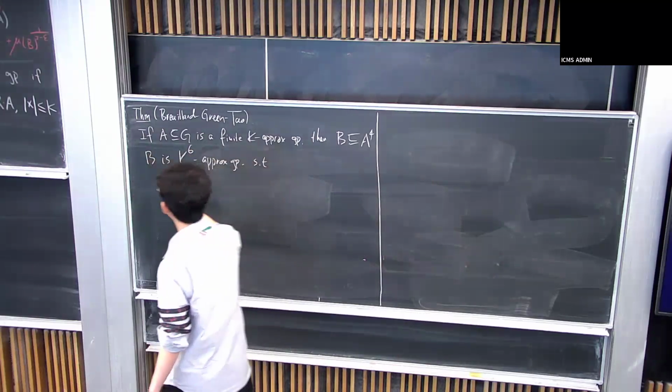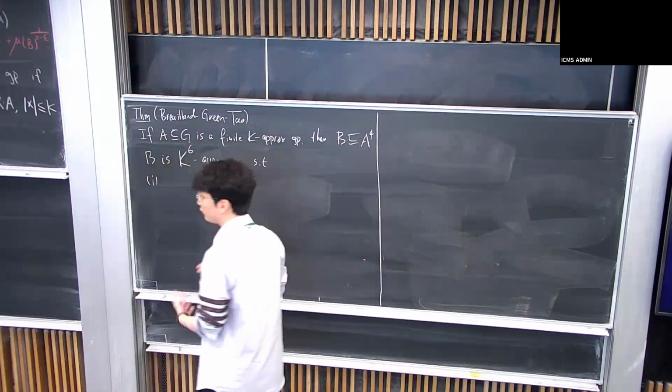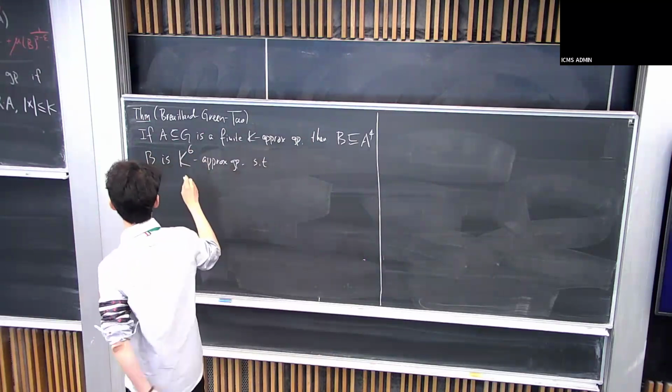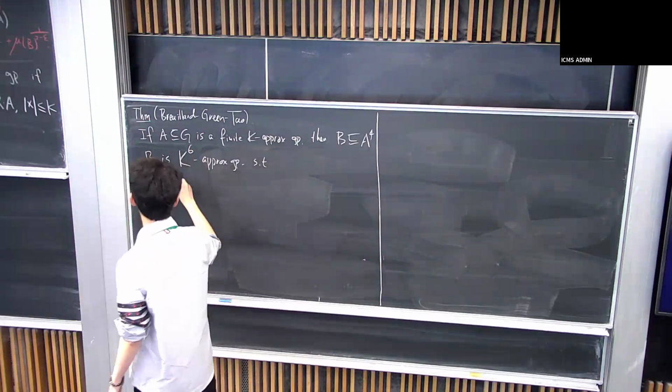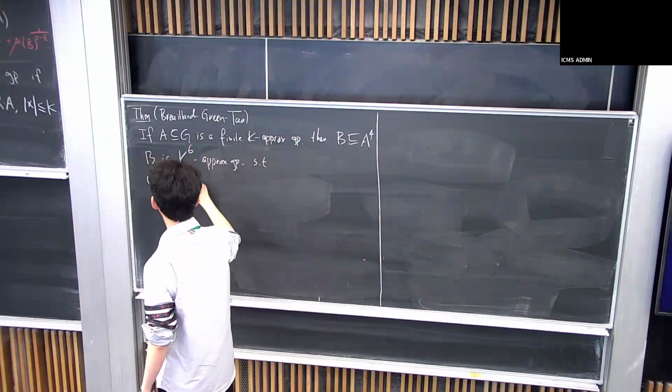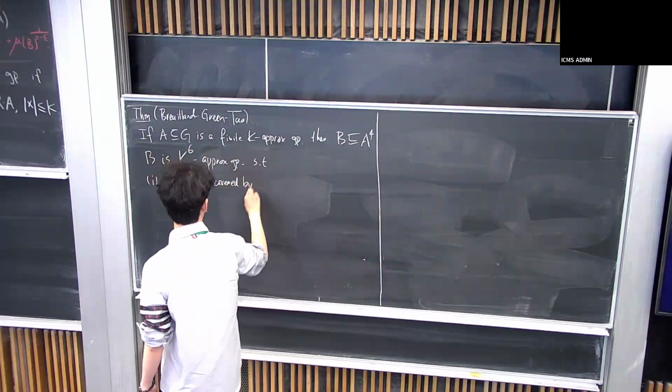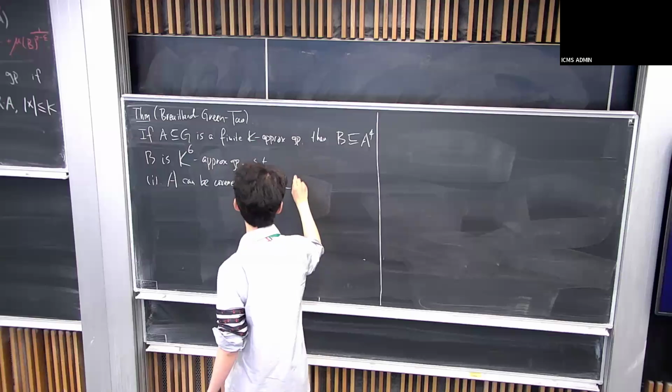Such that, firstly, B is not too small, because otherwise it's trivial, for example if B were just the identity. A can be covered by finitely many translates of B, by L, a constant only depending on K.